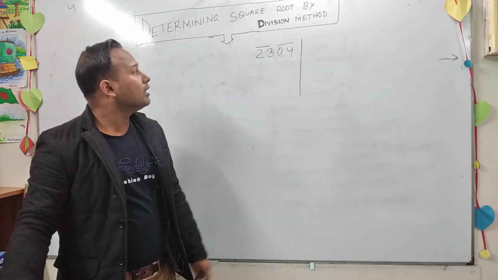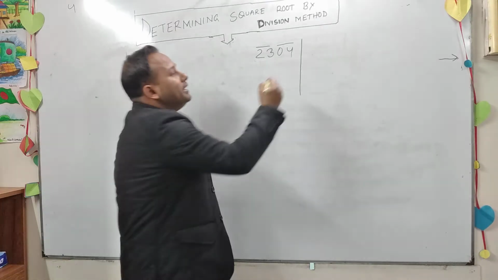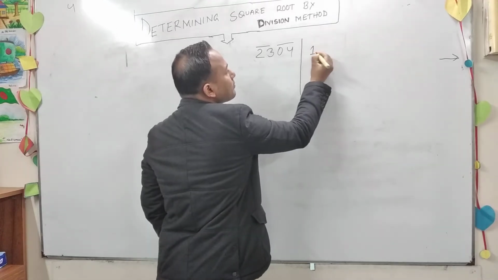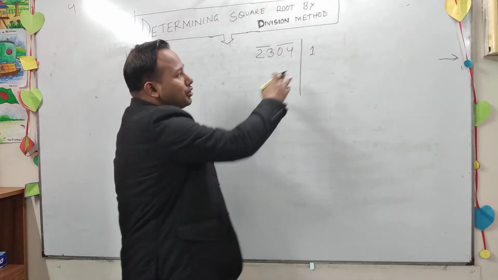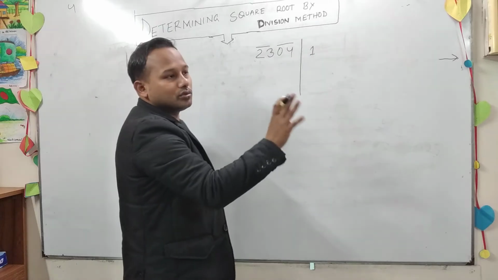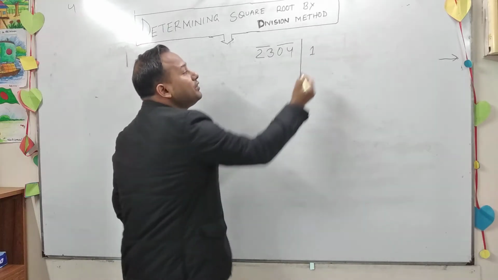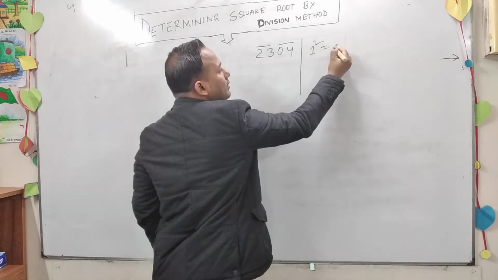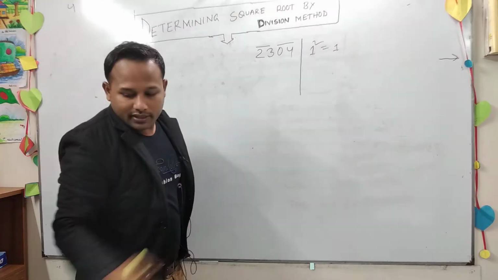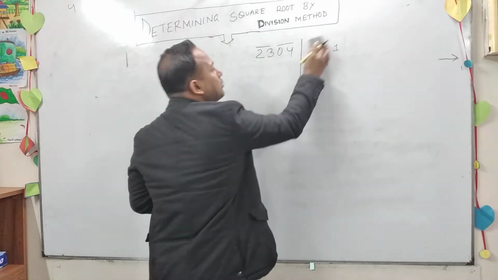Suppose we take the number 1. We are starting from the very beginning to show you that 1 is never close to 23. If you take 1, 1 square equals 1. That is not okay, so we are removing it.